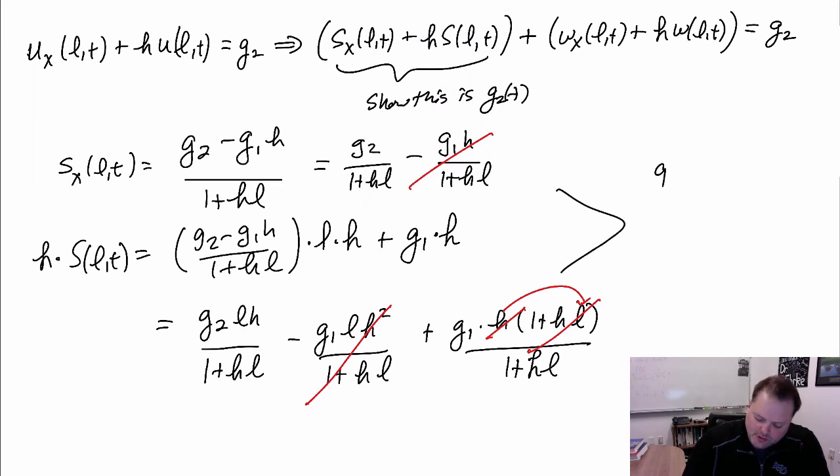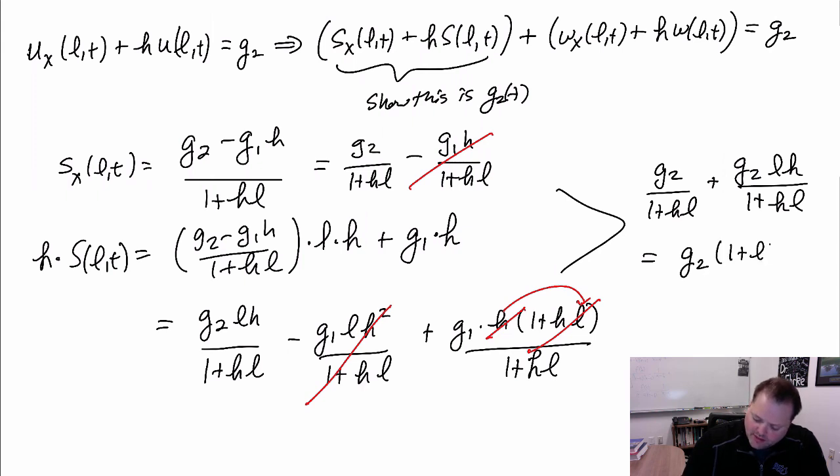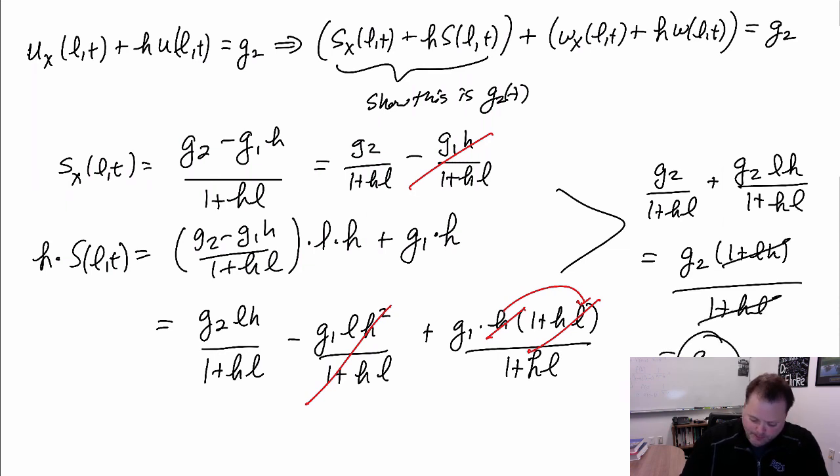So this gives you g2 times 1 plus hL plus g2Lh over 1 plus hL. And what you can see is when you get a common denominator and factor out that g2, 1 plus Lh over 1 plus hL, those terms cancel, leaving you with just g2.